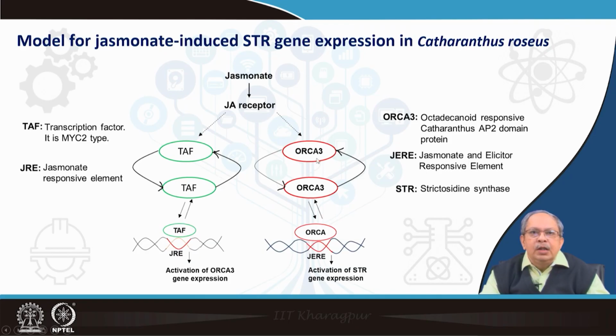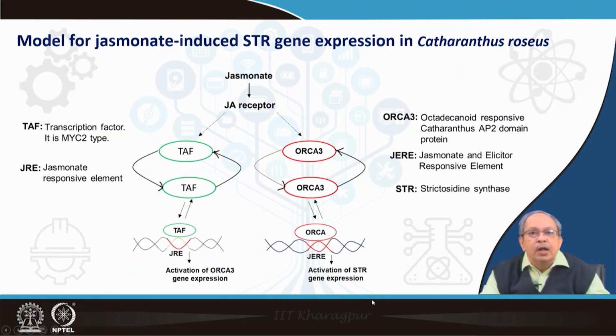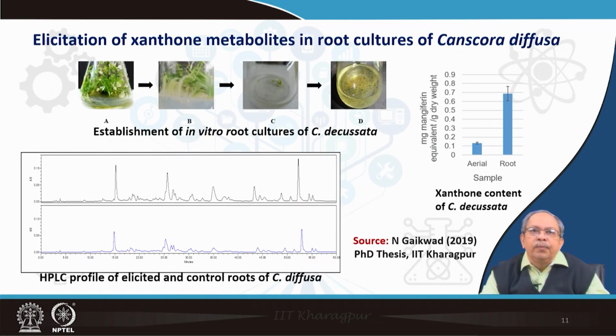Once ORCA3 is activated, it binds to the jasmonate elicitor response element, and that in turn activates the strictosidine gene expression, leading to the formation of strictosidine. Strictosidine synthase, STR, is first uplifted upon jasmonate treatment, and then it produces strictosidine and subsequently several indole alkaloids. This mechanism has been fully elucidated at the molecular level. We will come back to this much later when we talk about the alkaloid pathway and metabolic engineering.